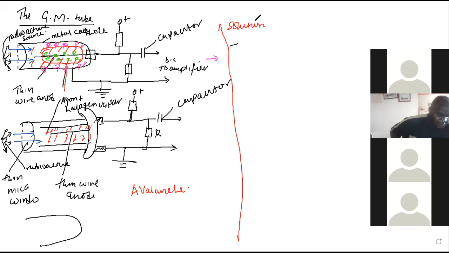I will send you this one also. Let me just take you through. One, you bring the sample and place it close to the thin mica window of the GM tube.